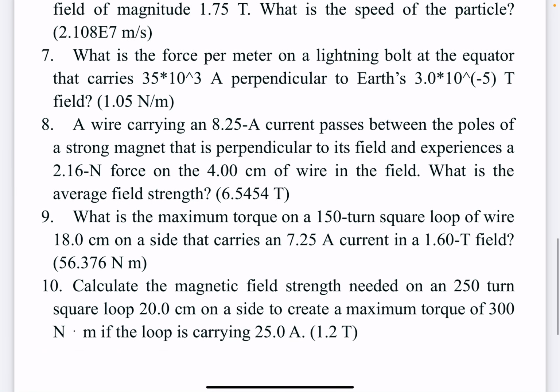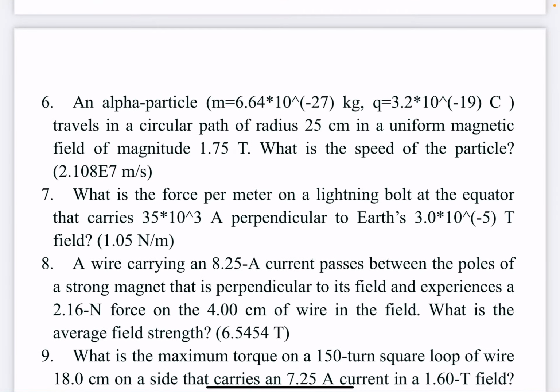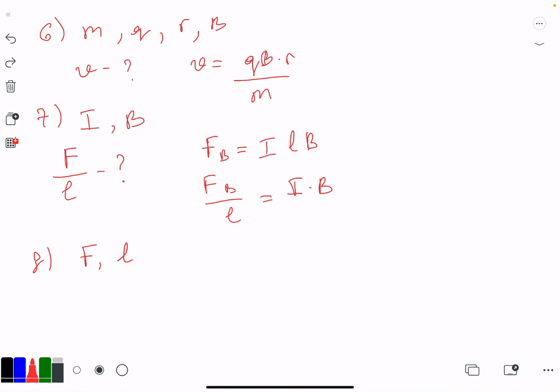Problem number 8. In problem number 8, we are given a current. It experiences a force on 4 centimeters of the wire. What is the average field strength? So you have to find the magnetic field. F is given, L is given, and the current is also given.